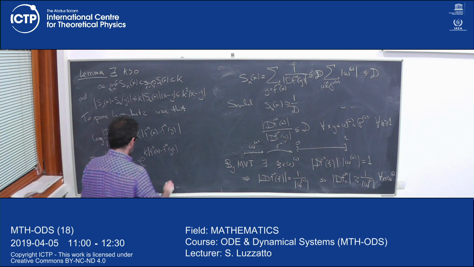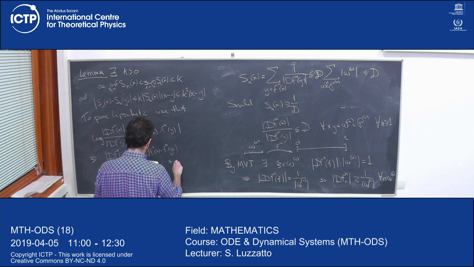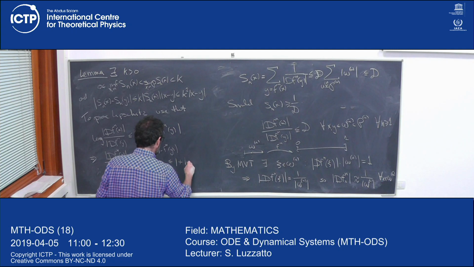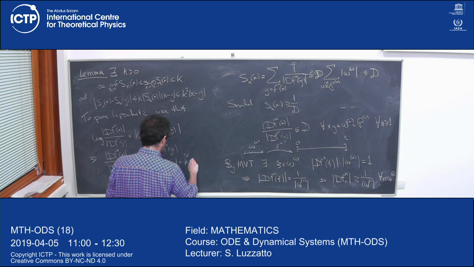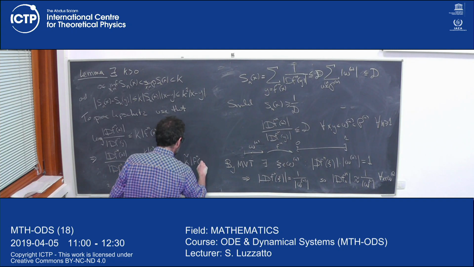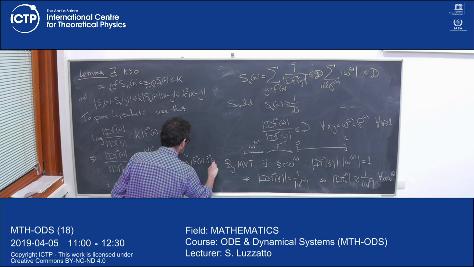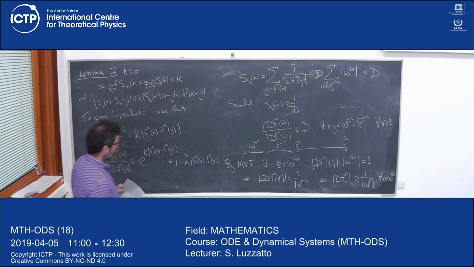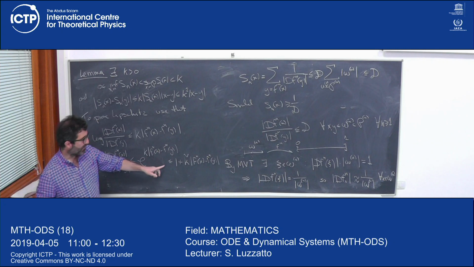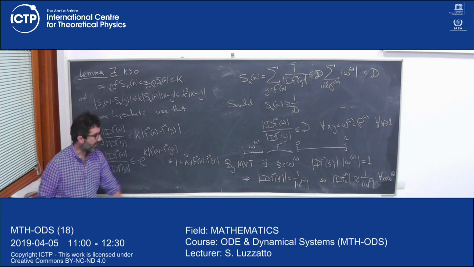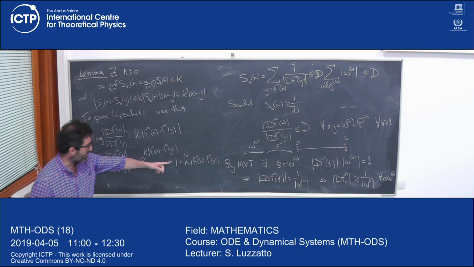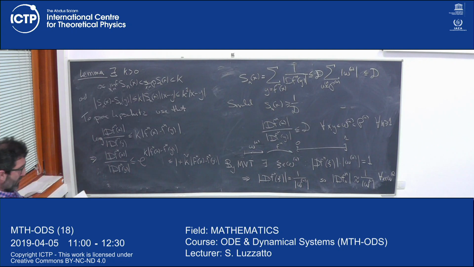Okay, and I'm going to write this as less than or equal to 1 plus some k tilde times fn of x minus fn of y, right? Because the exponential of something is less than or equal to 1 plus x. Exponential of x is less than or equal to 1 plus x.